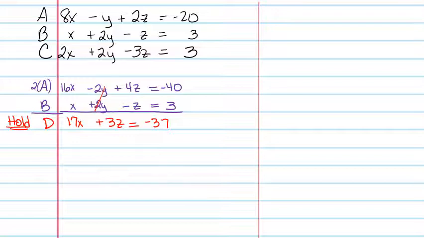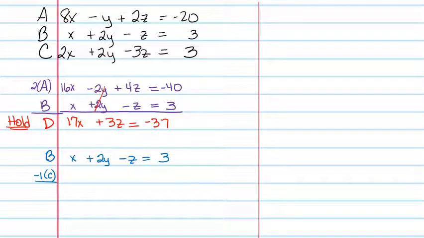Okay, step 2 will tell you to take two different equations and eliminate the same variable. So for this next step, I'm going to take equation B, and I'm going to combine it with C, but I'm going to multiply C by negative 1. And that's going to eliminate the y's. So I'm going to take the C equation, multiply it by negative 1.